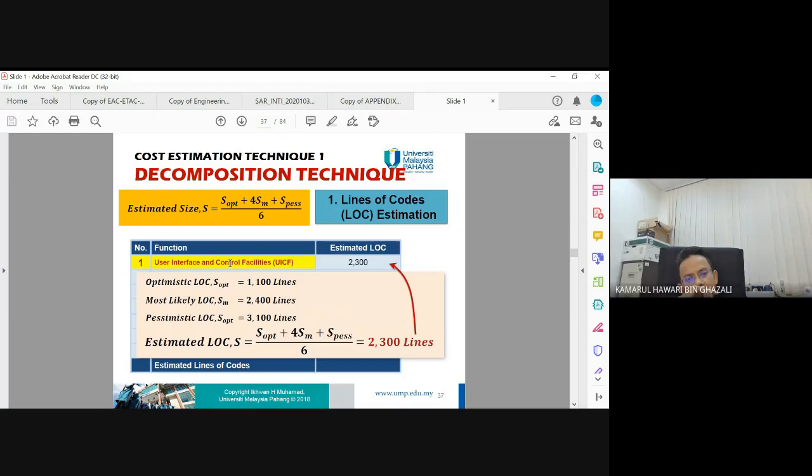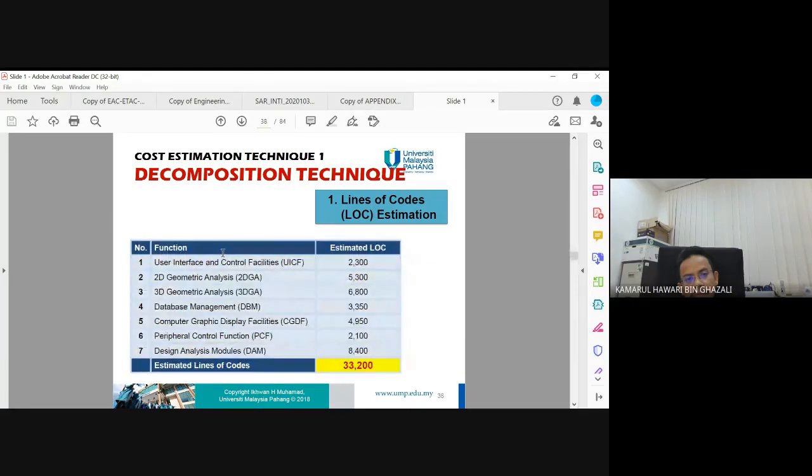Optimistic LOC is 1,100 lines, for example. Most likely LOC is 2,400 lines, pessimistic LOC is 3,100 lines. So the estimated LOC is 2,300 lines.